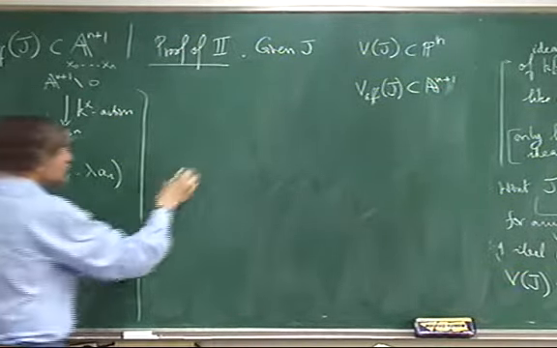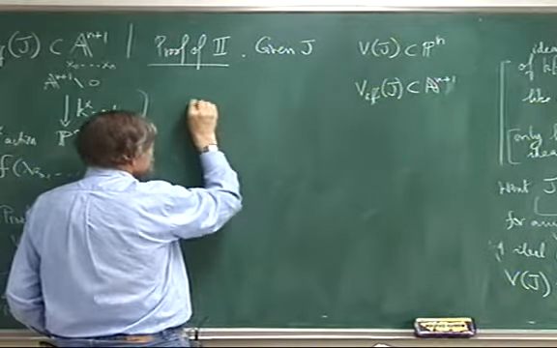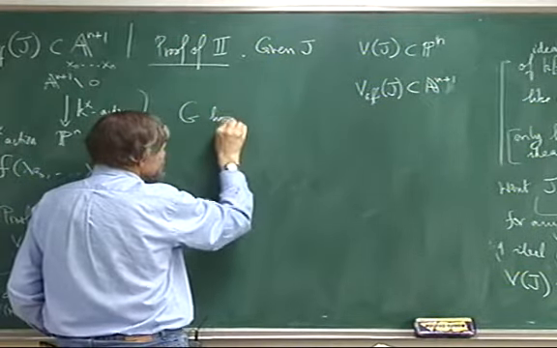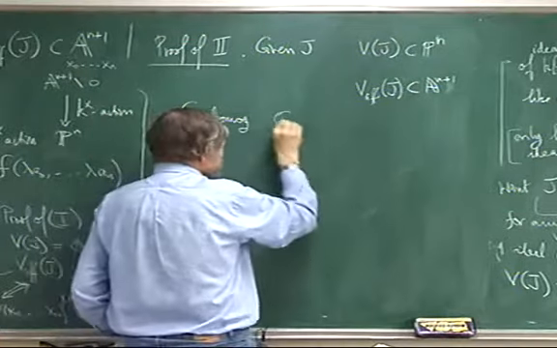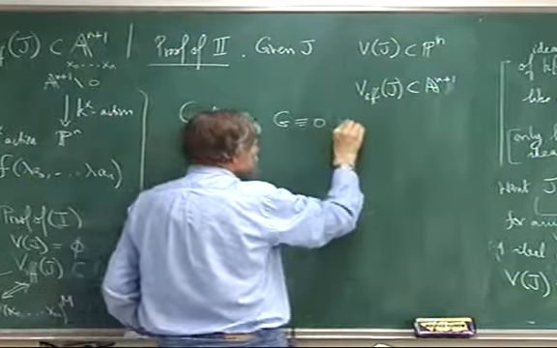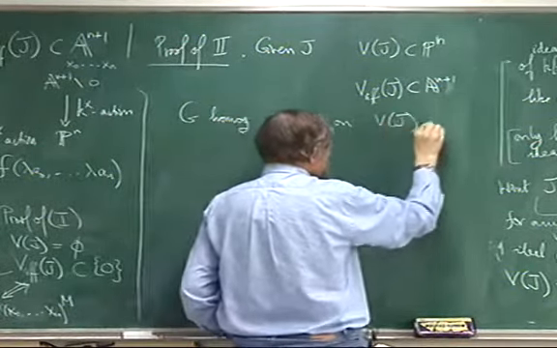So G is homogeneous, and G is identically 0 on V of J in projective space.